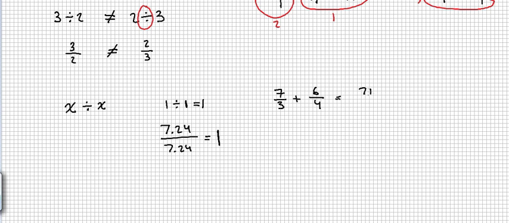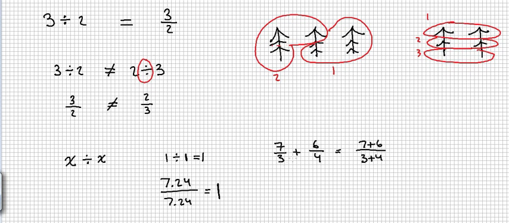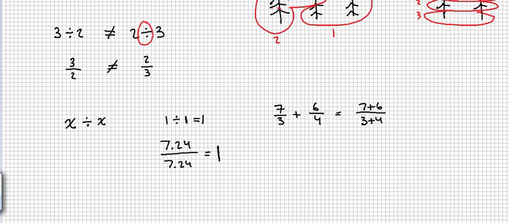You can't go 7 plus 6 and 3 plus 4. Because remember, up here we have our groupings, and 3 groups is not the same thing as 4 groups. That should be pretty apparent to you. So what we need to do is have these numbers be split into the same amount of groups, and that is the reason that we have to find a common denominator.